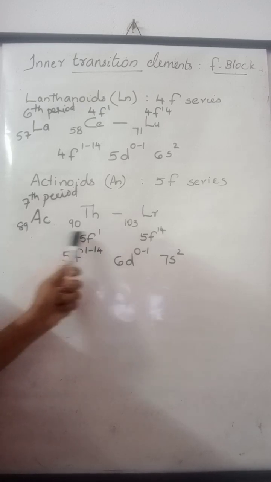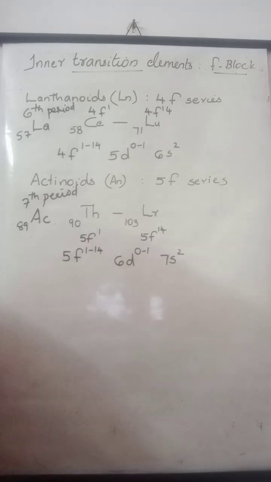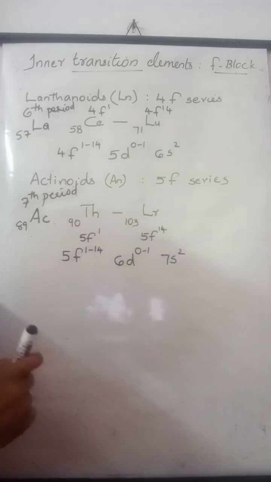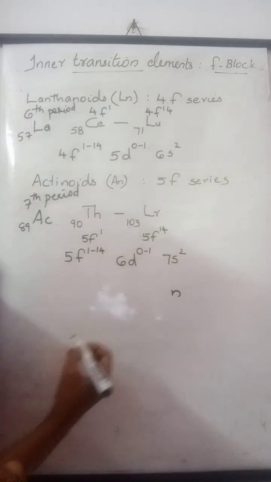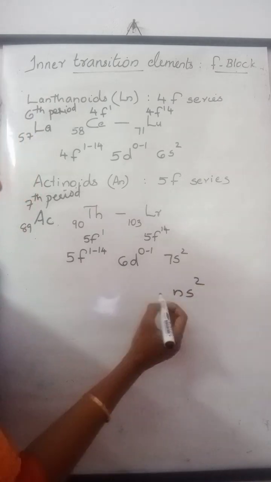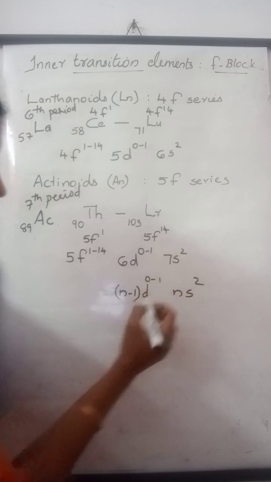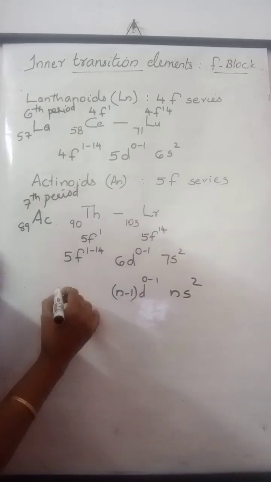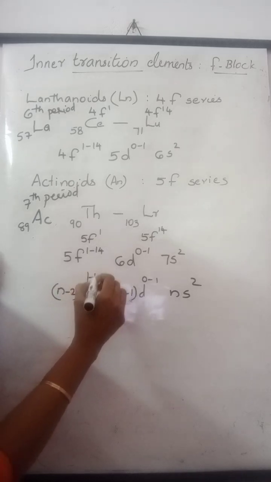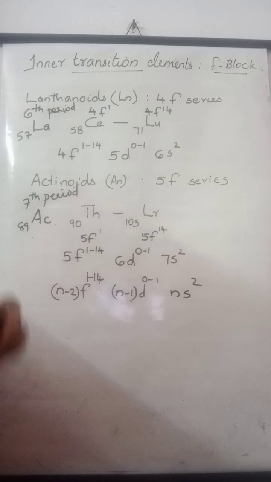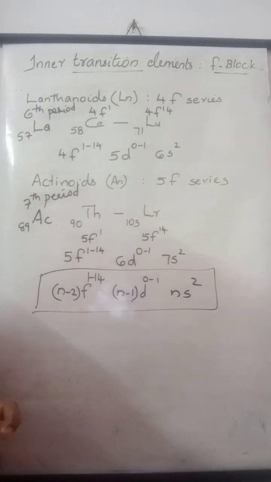This is the general configuration of actinoids. The general configuration of F block elements we can draw like this: the outermost shell number is n, ns2 is common, then n minus 1, d0 to 1, then the anti-penultimate n minus 2, f1 to 14. This is the general electronic configuration of F block elements.